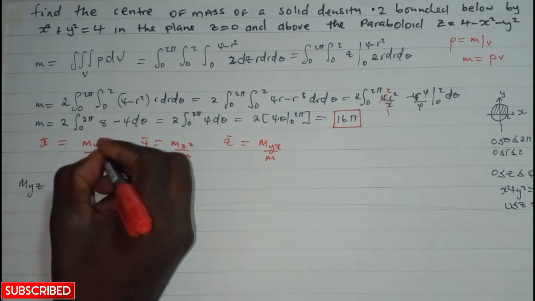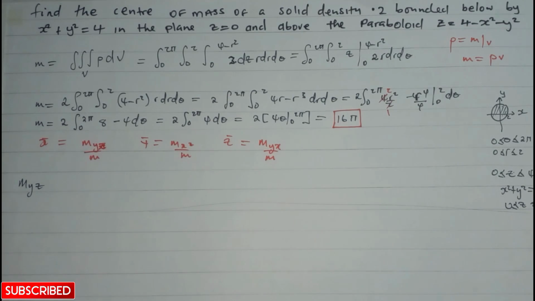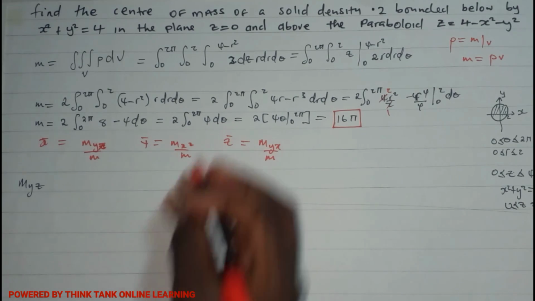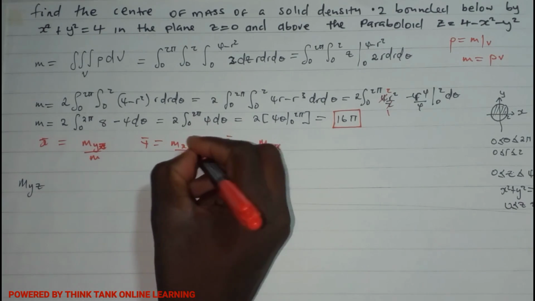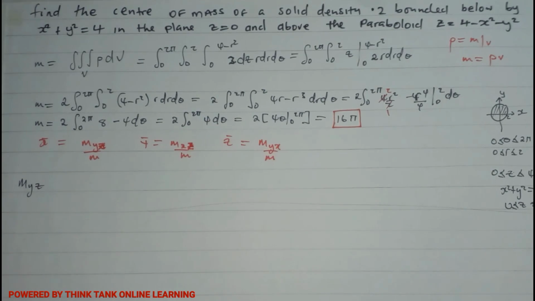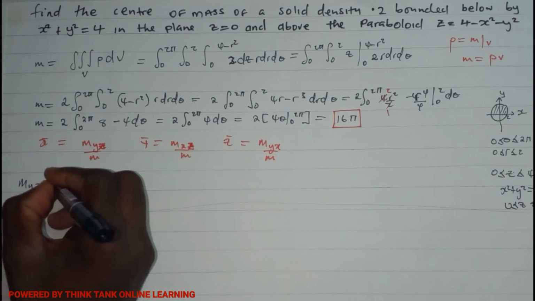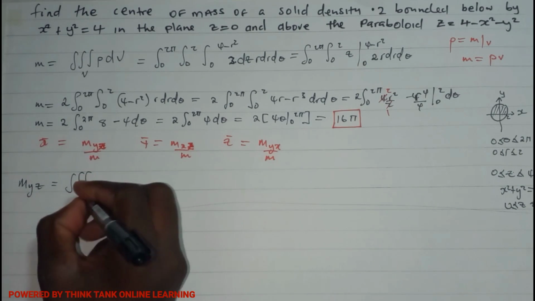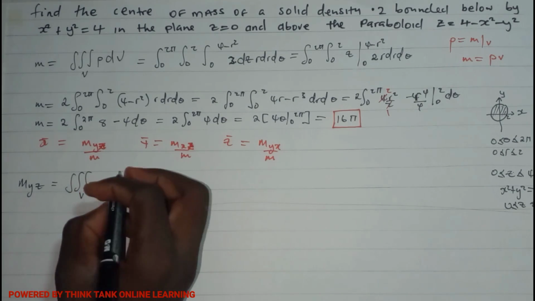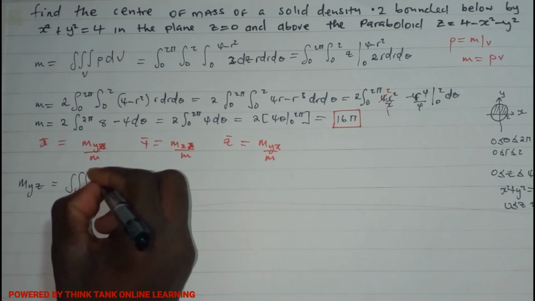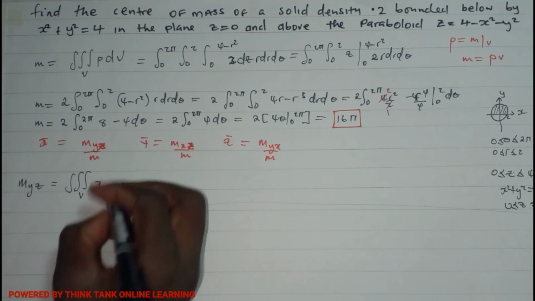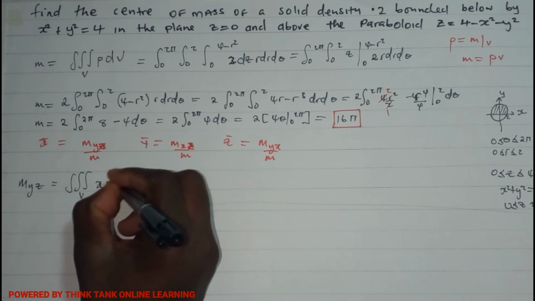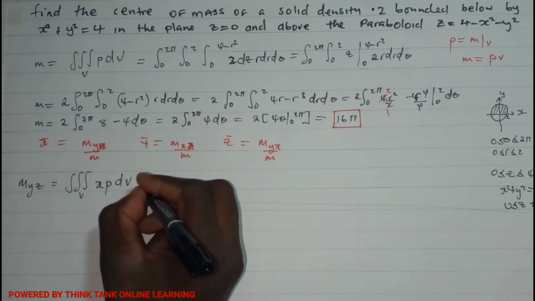For Myz, I'm going to repeat the process: the triple integral over V, with x times density, dV.